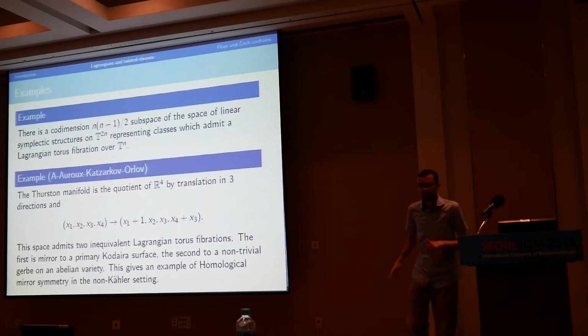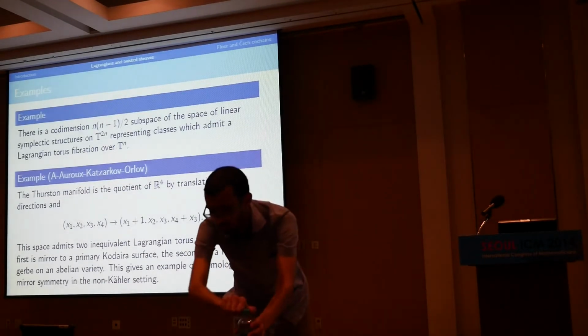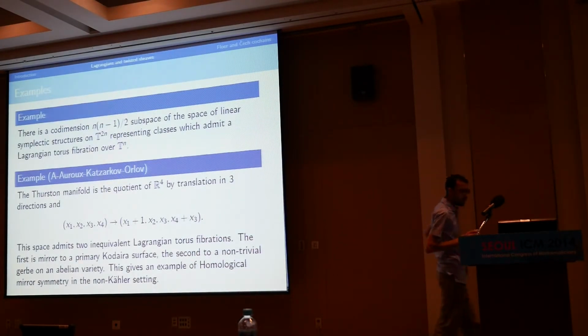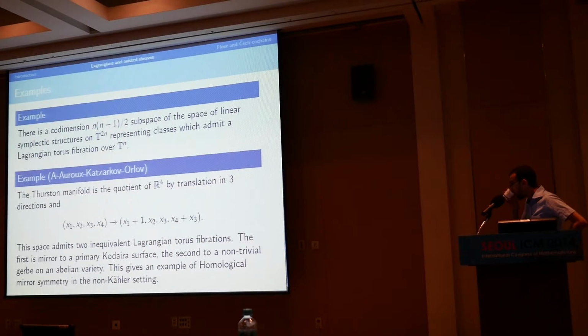So there are two classes of examples I want to mention. The first one is the most obvious one you could guess. You could guess that if you take linear symplectic tori, these are just the things obtained by taking R^2n and taking the quotient by a lattice.